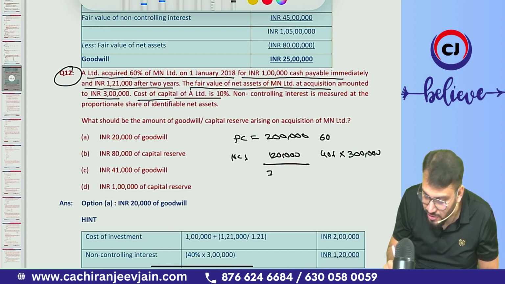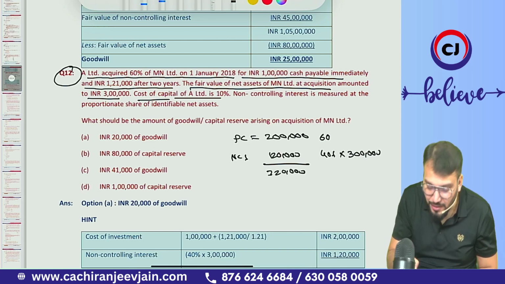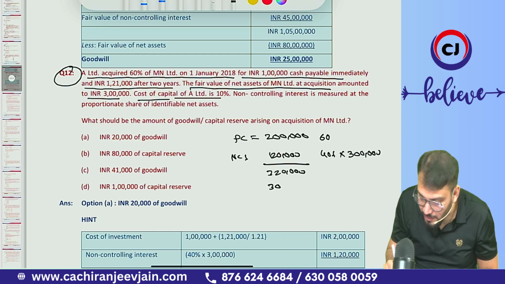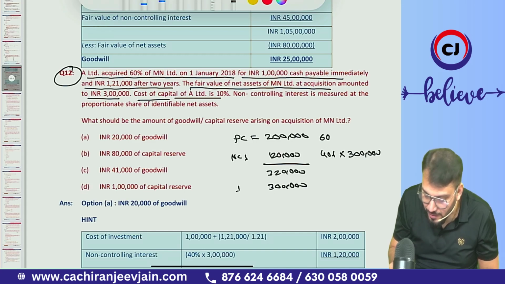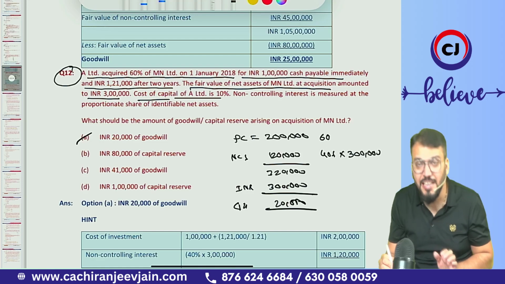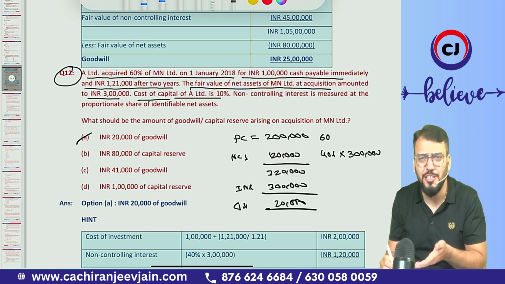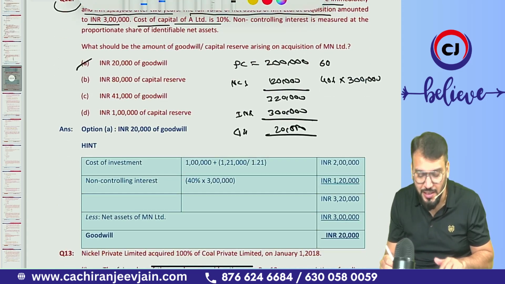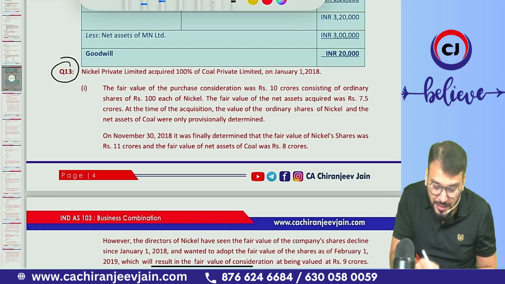Total becomes 3,20,000. From this you minus 3 lakh, that is INA. So goodwill comes to 20,000. So you can see option A is correct, 20,000 goodwill. Be careful. It is a very simple question, but this type of question can be asked as a 2 marks question.